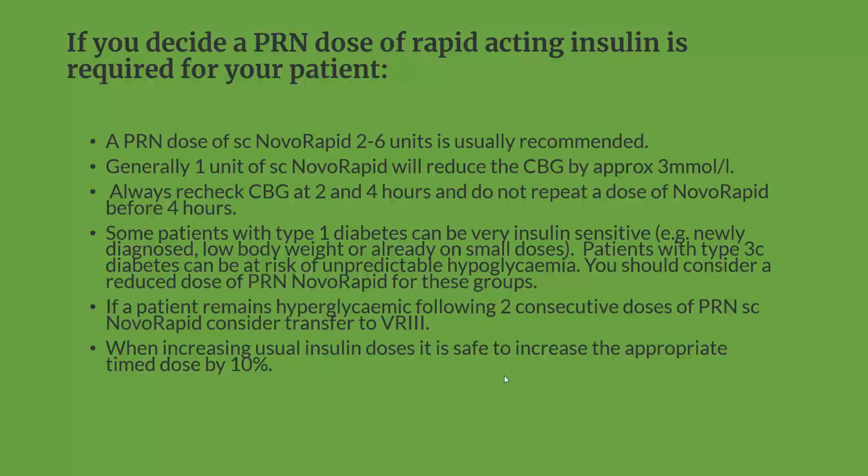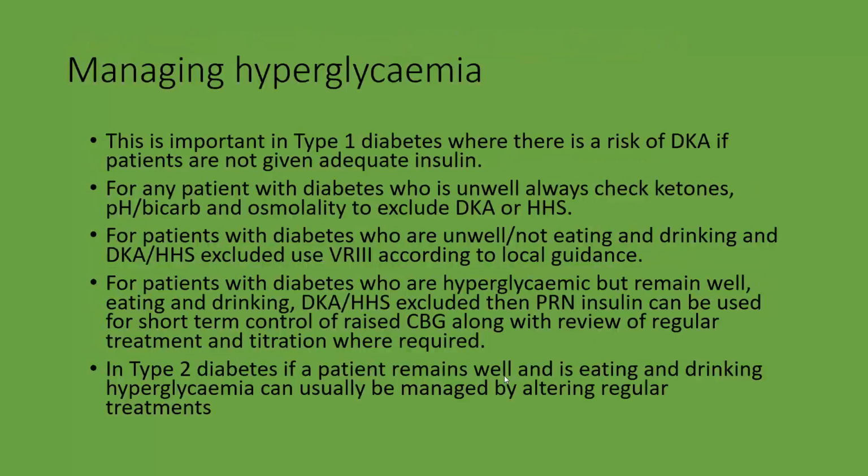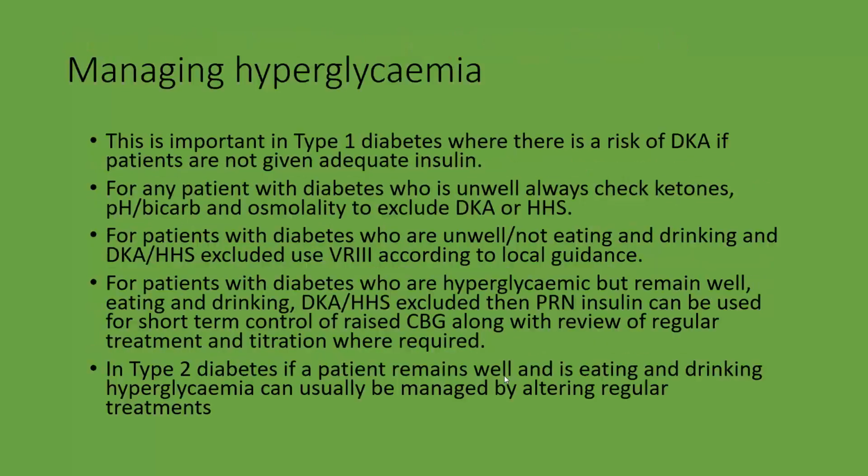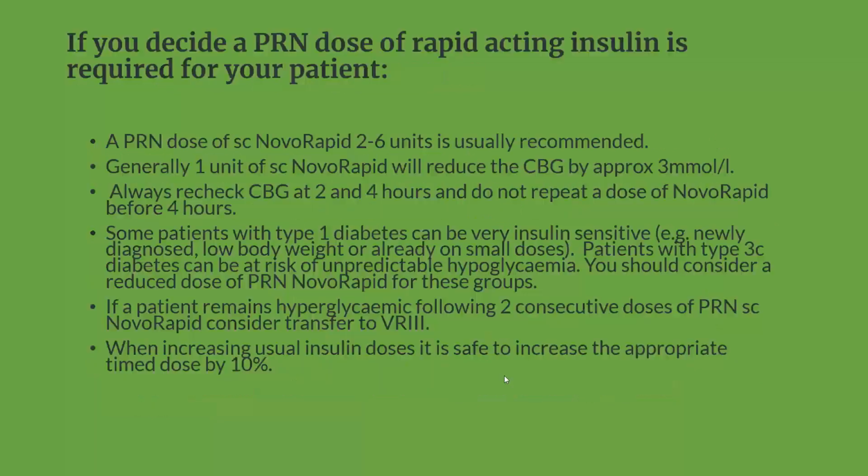And then, regularly check your blood sugars, maybe hourly initially, and then adjust your insulin accordingly. In type 2, if a patient remains well and eating and drinking, hyperglycemia can usually be managed by altering regular treatment, like metformin, gliclazide, or whatever they are on.